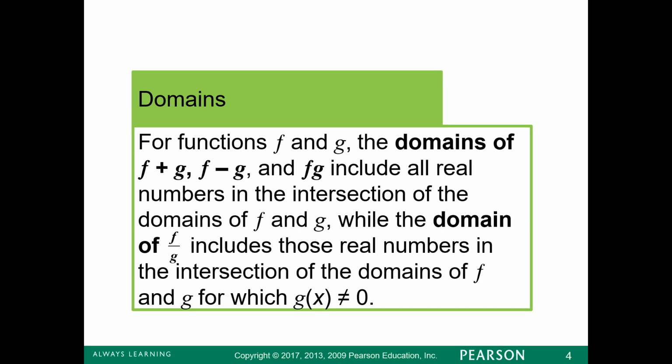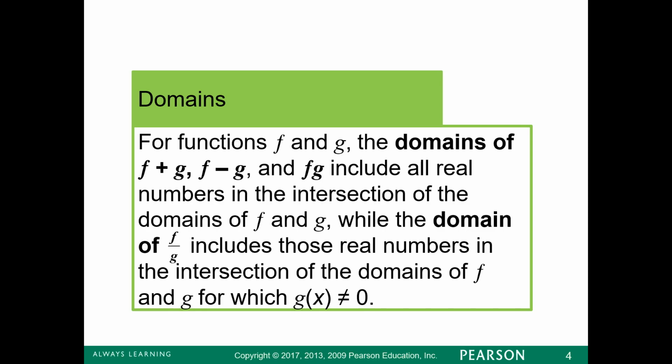If you want to find the domains, the domains of f plus g, f minus g, and fg include all real numbers in the intersection of the domains of f and g.